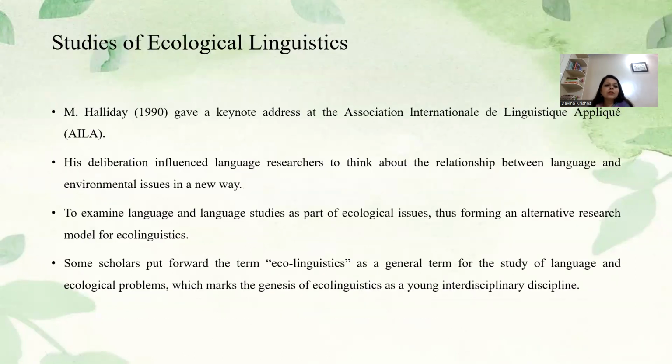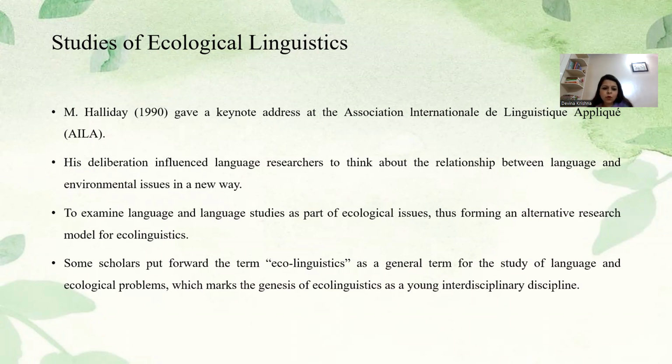Now, let me shed light on the studies of ecological linguistics. M. Halliday in 1990 gave a keynote address, and that address was a deliberation that influenced language researchers to think about the existing relationship between language and environmental issues in a very different manner.